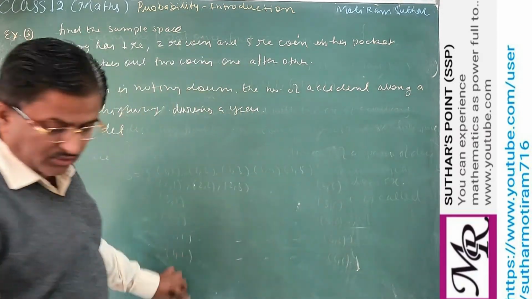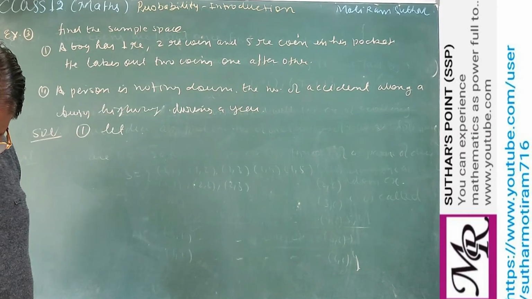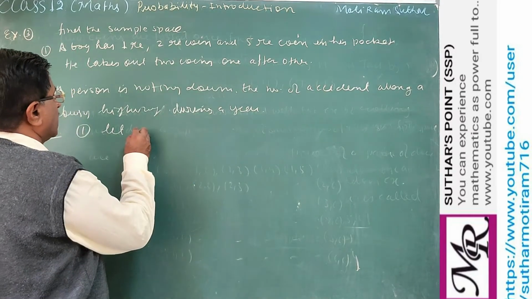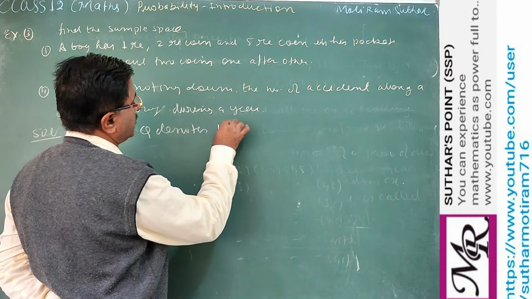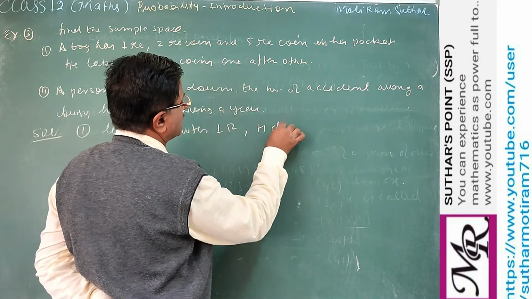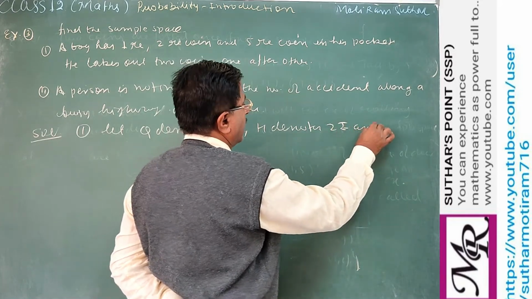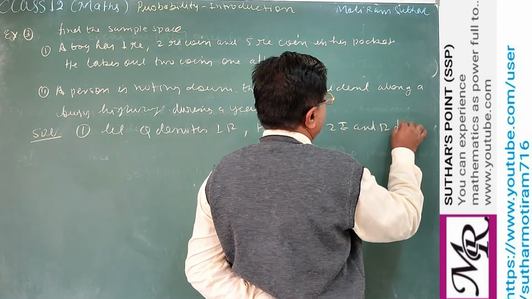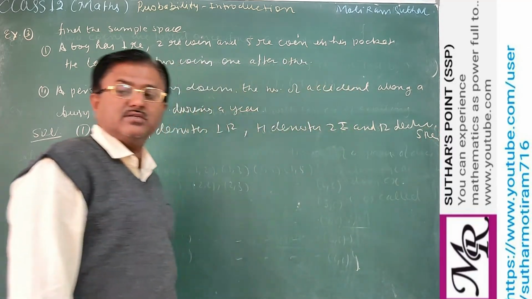Clear? So let Q denote 1 rupee, H denote 2 rupees, and R denote the 5 rupee coin. These we are supposing.